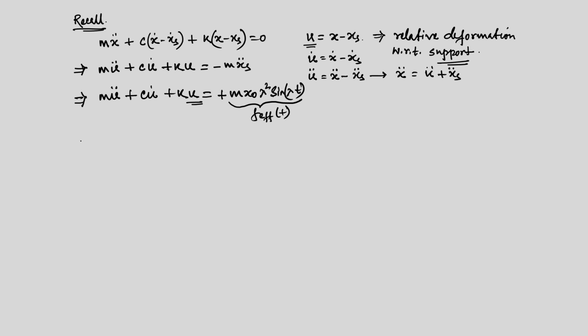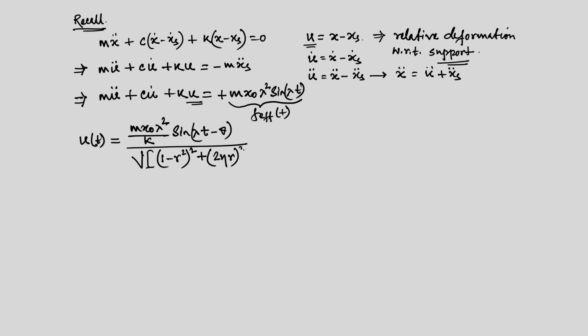Now, for this problem also we can write down what is u of t, and u of t will be the amplitude of the force. In this case you have m x naught lambda square divided by k times sin of lambda t minus theta, divided by square root of 1 minus r square whole square plus twice eta r whole square.